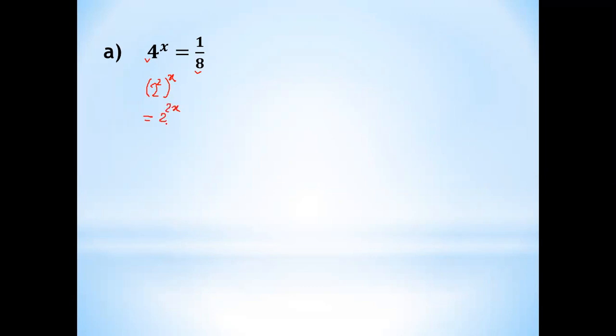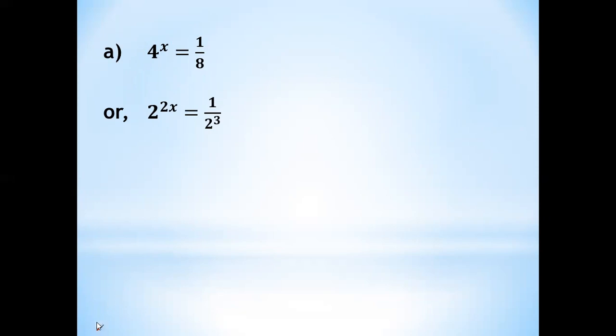So on the left hand side, 4 to the power x can be written as 2 to the power 2x, whereas on the right hand side, 8 can be written as 2 cubed. So we have done this in our first step.